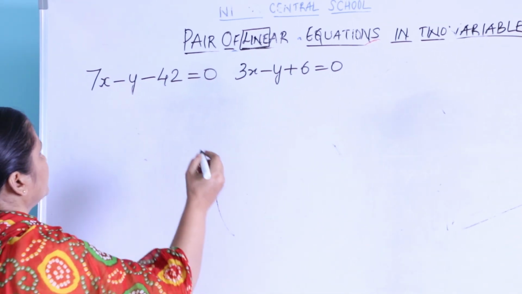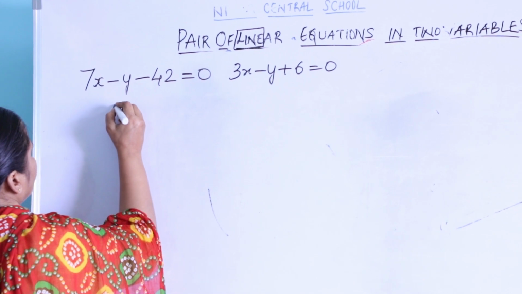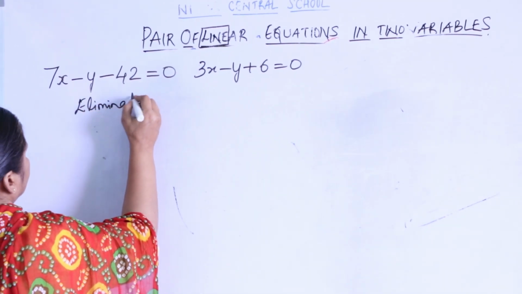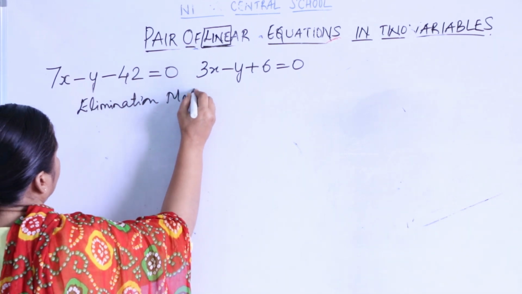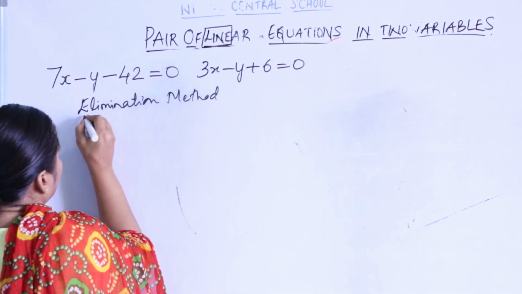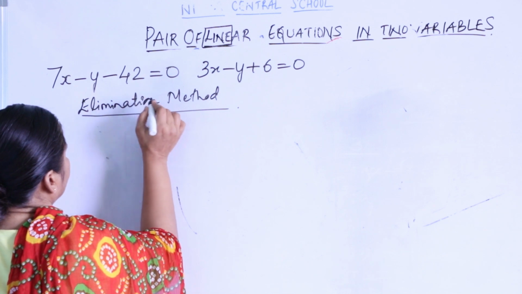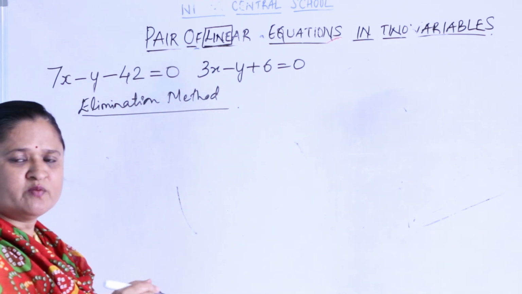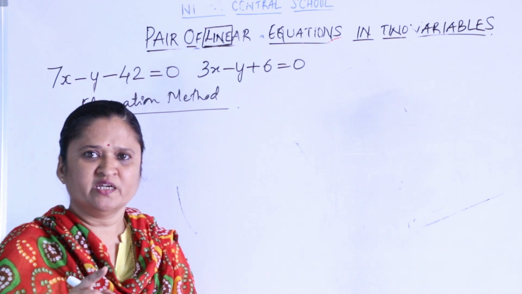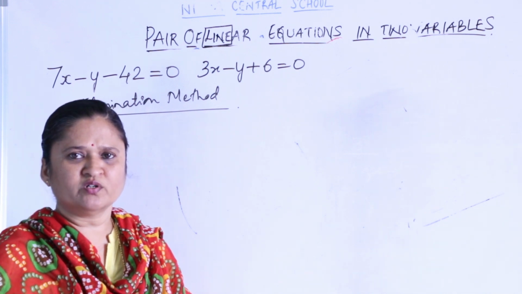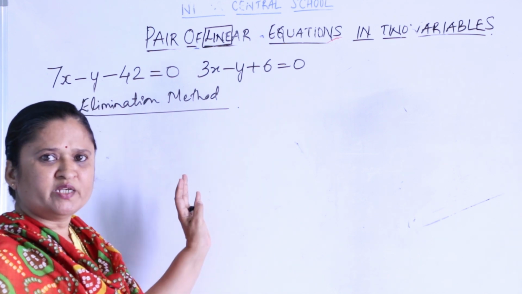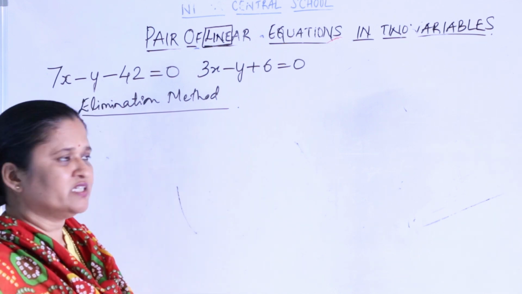Now first, I will show how to use the elimination method. As the name itself suggests, in this we eliminate one variable so that the equation becomes a one variable equation and you can find the value of that variable, and then we can put it back and find the other value.